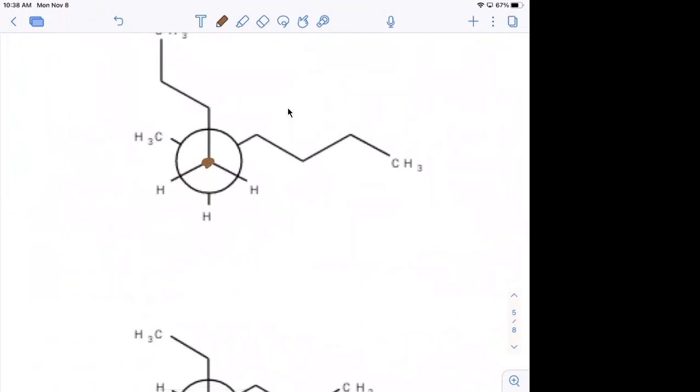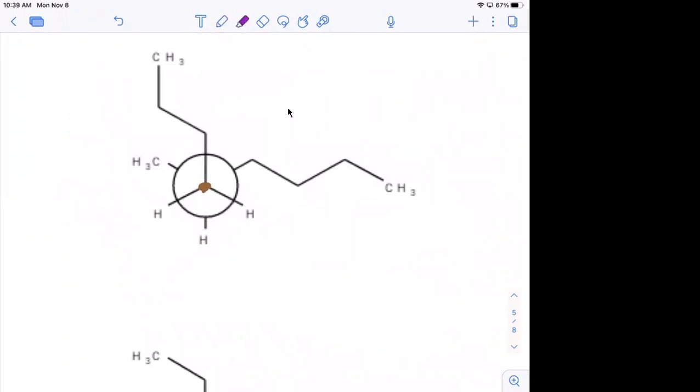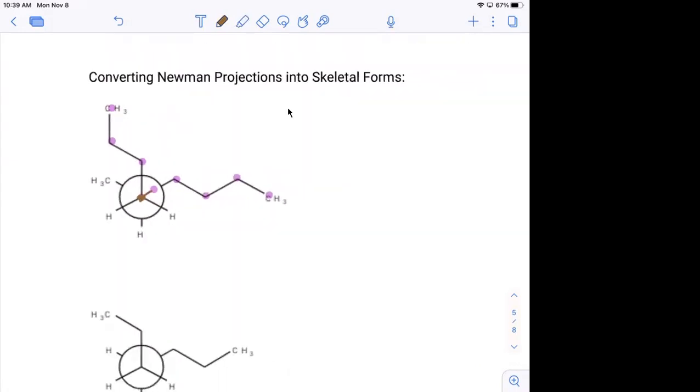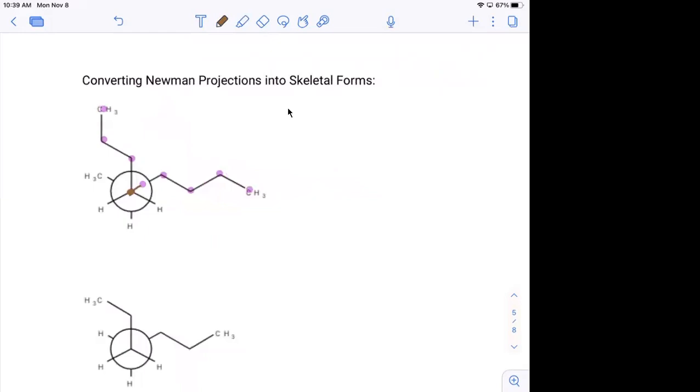You can do that. But the thing about it is, when I look at the chain itself, that's a 9-carbon chain, right? Because the front, these 2 carbons are connected. So if I wanted to take that and turn it into a skeletal structure, I could just draw that out like this. Is 9 carbons.